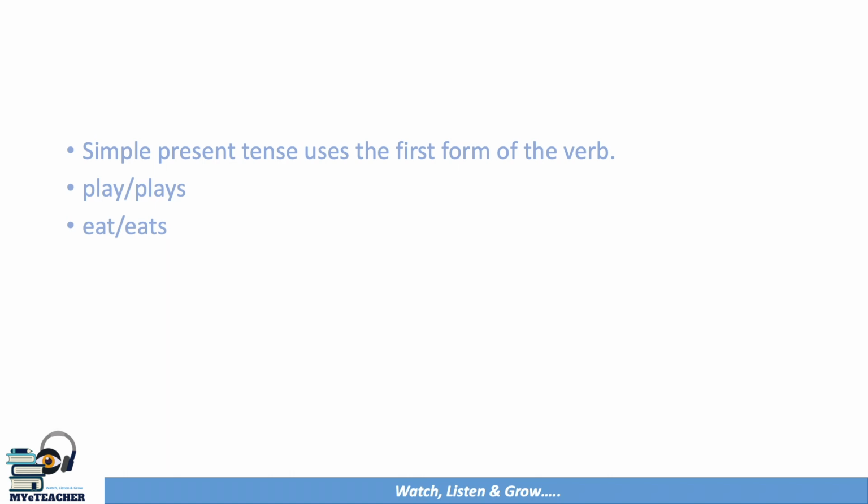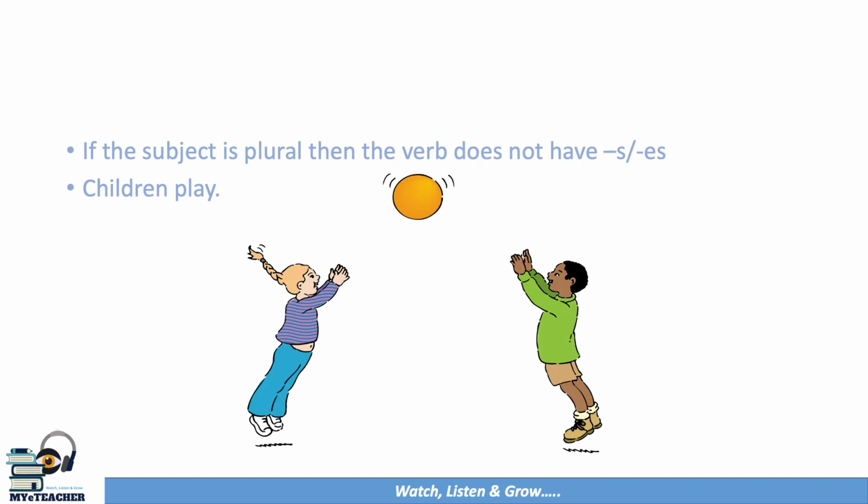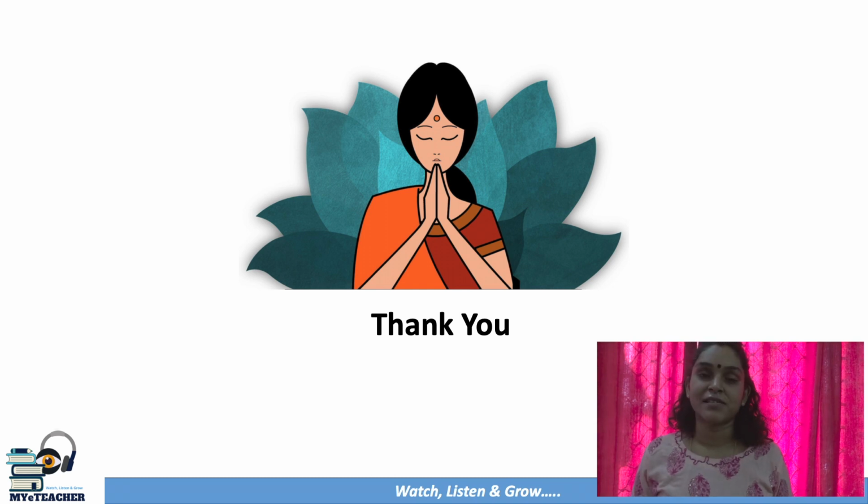In simple present tense, if the subject is singular, then the verb has an S or an ES, like child plays. If the subject is plural, then the verb does not have an S or an ES. For example, children play. I hope you have understood simple present tense and have enjoyed this little video.